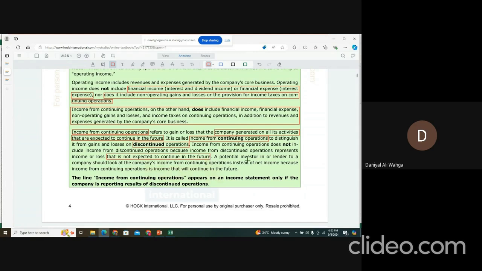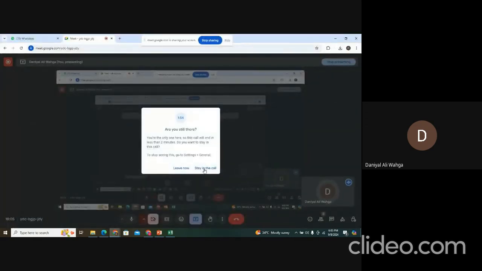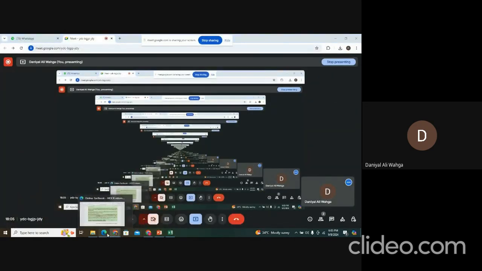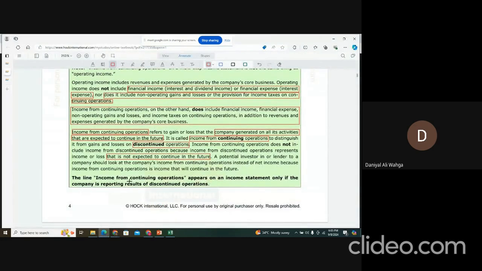A potential investor or a lender in a company should be looking towards how these things relate. My investor would be looking towards the company's financials, and the major part it will be looking towards is the company's income from continuing operations.